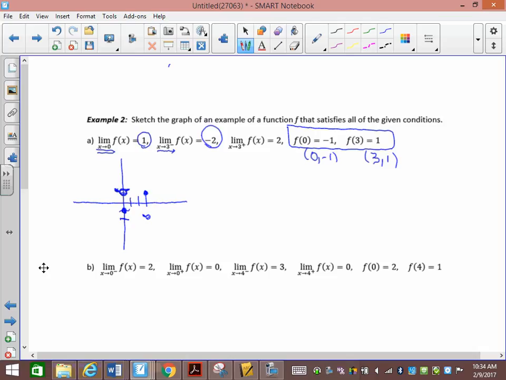That's going to approach that from the left, right? From the right of 3, it's approaching 2. So coming in from the right, it's approaching 2.